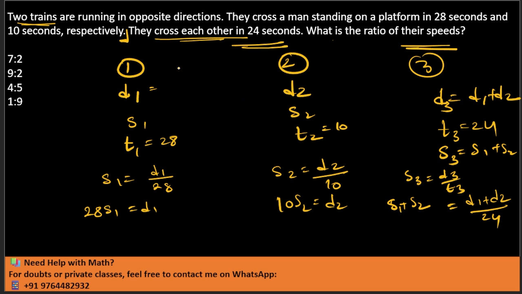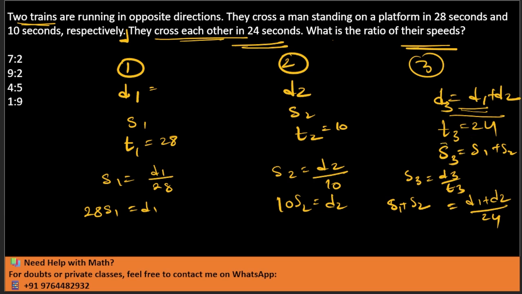What we are doing here is that we have been given three scenarios. In the first two scenarios there are two trains, each crossing a man, and the time is given. So we are trying to find the relation between distance and speed in both cases separately, and in the third case they are crossing each other. The distance traveled is the sum of the lengths of those two trains, and the time is given.